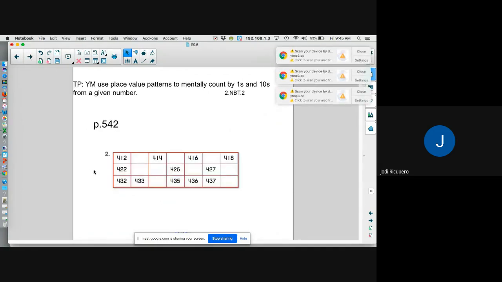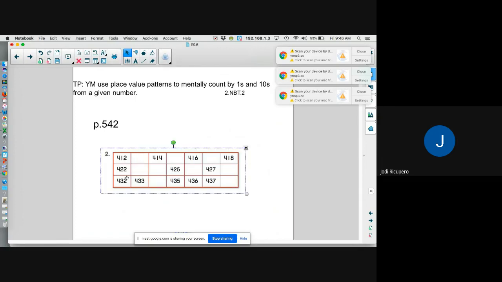Do problem number 2. Put the video on pause so you could fill it in. The answer would be, if we were going across, we could see that it's 412.